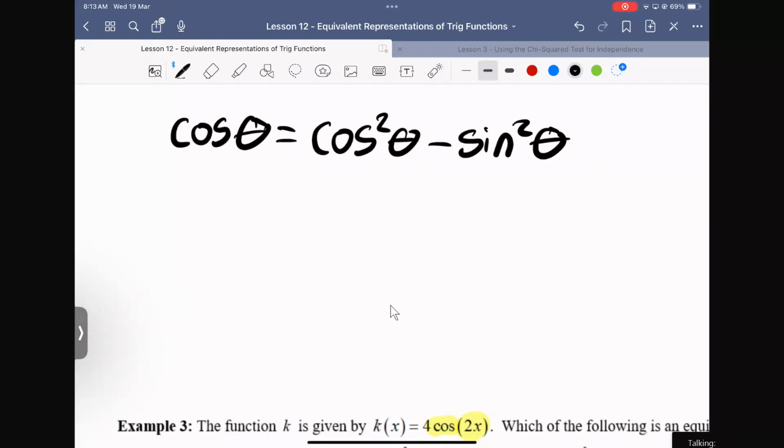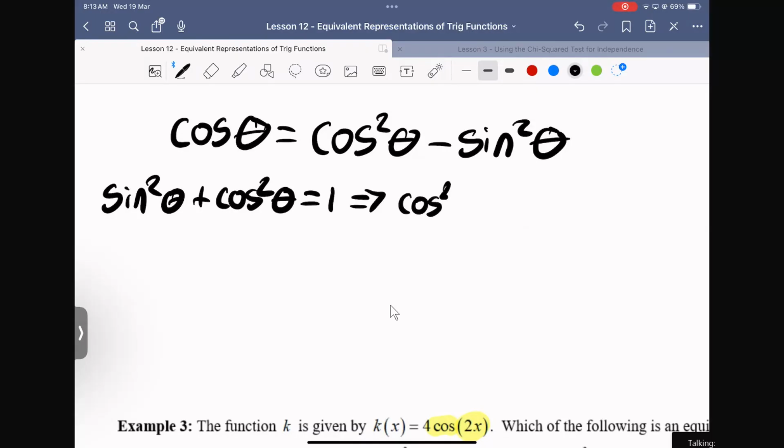Now, we also know that the Pythagorean identity tells us that sine squared theta plus cos squared theta equals 1. This means we can rearrange it into any form. If we want cosine squared theta, then that's going to be 1 minus sine squared theta.